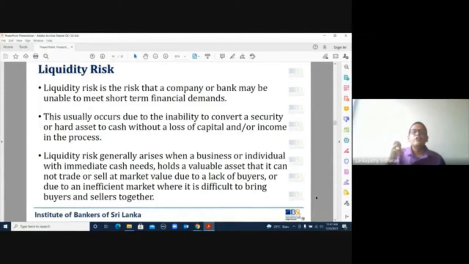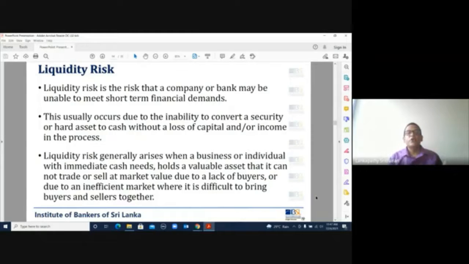They don't like to buy 10-year treasury bonds. So in that scenario, sometimes the bank is unable to sell that particular security at the market price because of the lack of buyers.